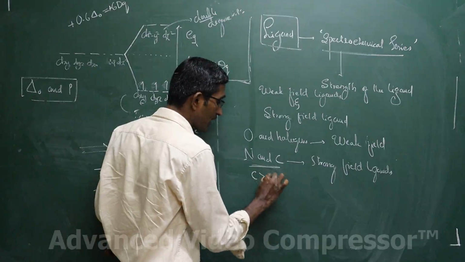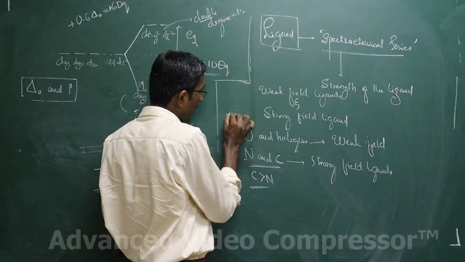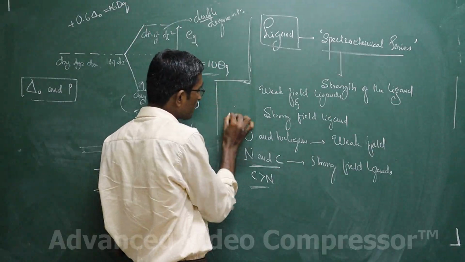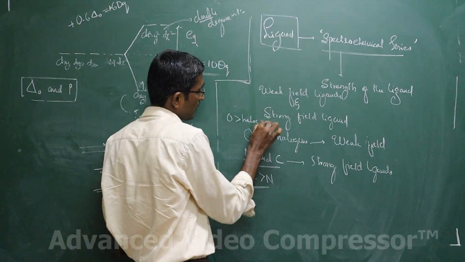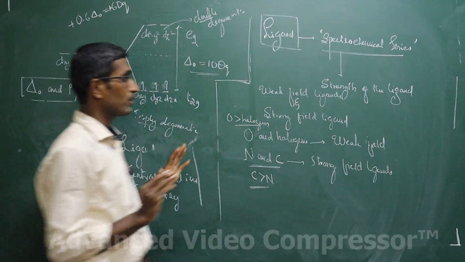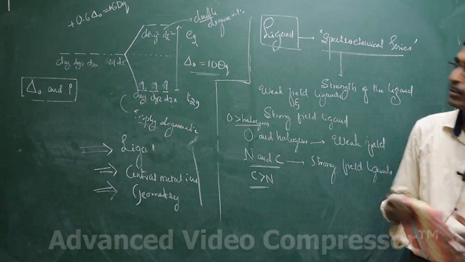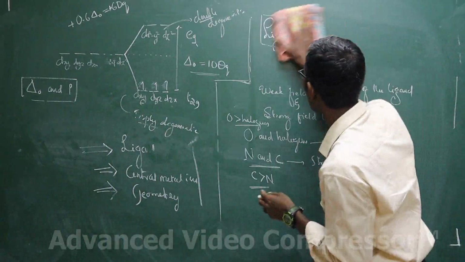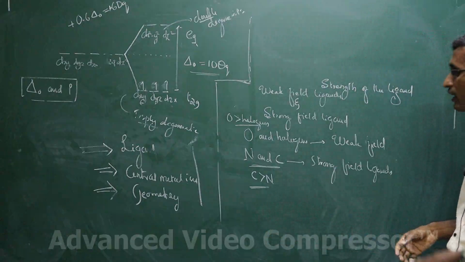Carbon is greater than nitrogen. Oxygen is greater than the halogens. Are you getting the clue now? Very, very simple. Just keep it in mind. This rough idea is enough for predicting a number of things regarding the ligands. You don't have to memorize everything by heart.